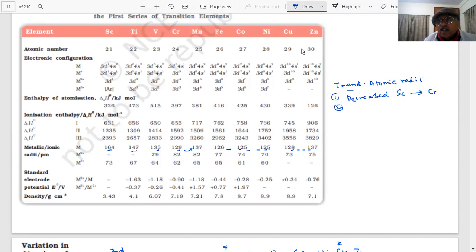Then you see a slight increase, 129, and then almost the same for iron, cobalt, nickel, almost the same size. You can see the picometer values. And finally, for zinc, there is a slight increase.